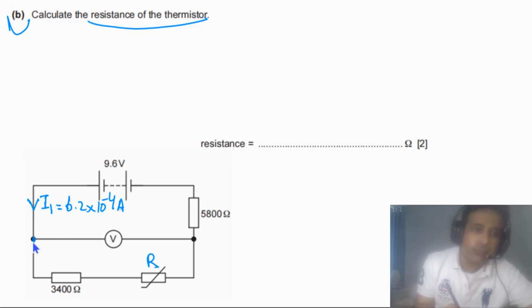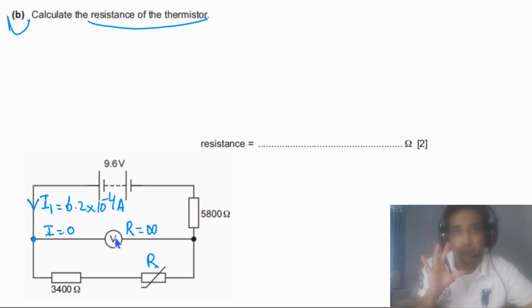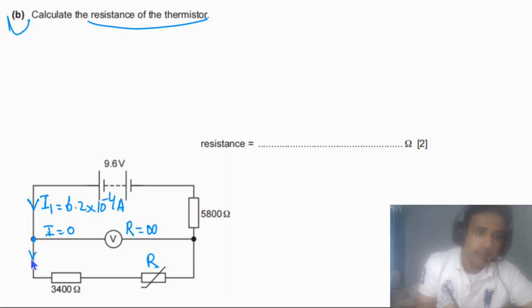And if you look at this junction, at this point there will be no current passing through this voltmeter because the resistance of an ideal voltmeter is infinity. So the resistance of this voltmeter is infinite. So it simply means that the current passing through this resistor and thermistor is the same. So it means they are connected in series.